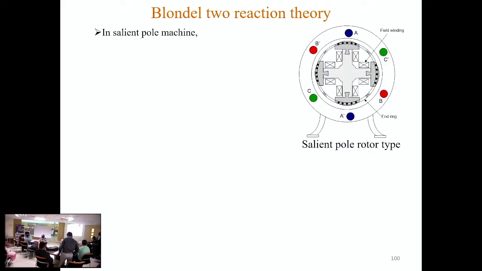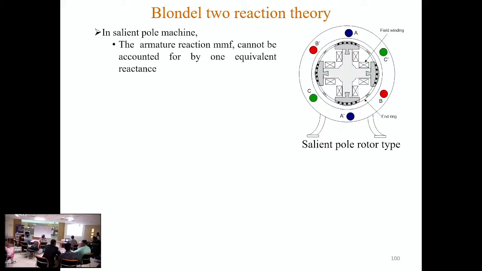So at every instant of time, the reluctance offered due to this variation in air gap length will be different. So we cannot explain the performance by considering only one reactance. We will require two reactances. The armature reaction MMF cannot be accounted for by one equivalent reactance only. This is because the air gap is not uniform.